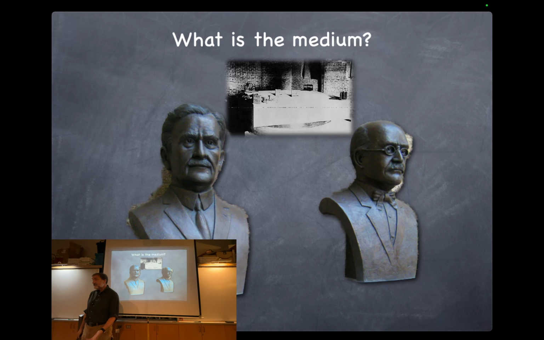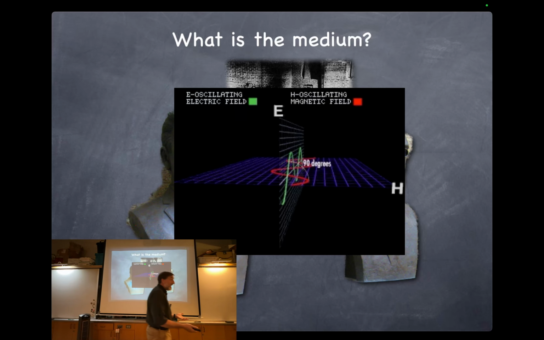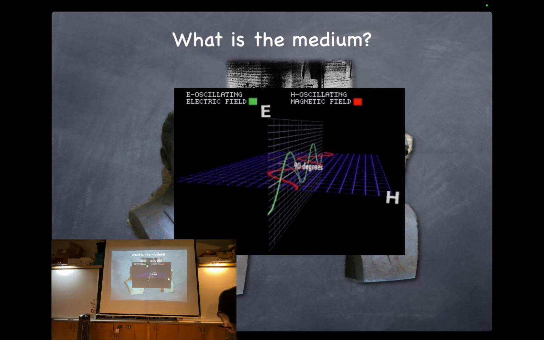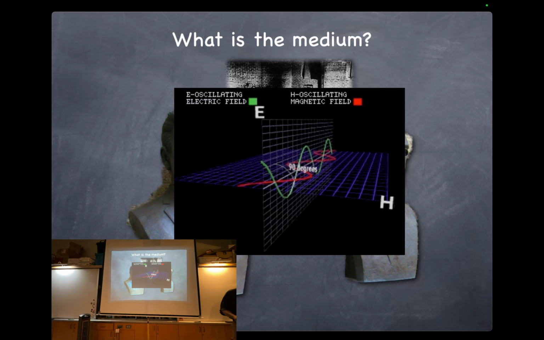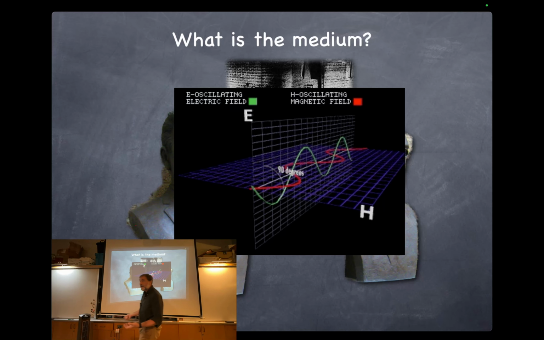That light is an interactive phenomenon between electric and magnetic fields. And that what light actually is a self-propagating wave. It's energy traveling through nothing, through the vacuum, energy traveling in the electric and magnetic fields that permeate space-time.